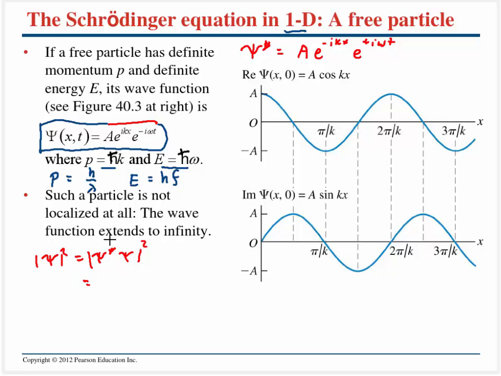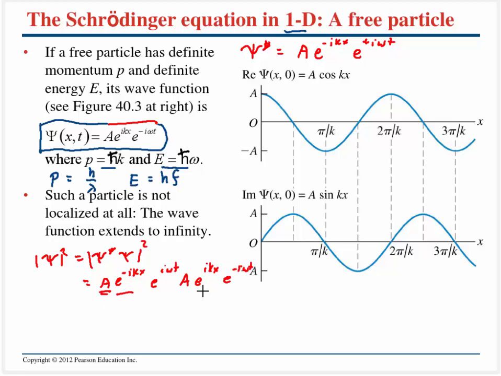And you can actually go ahead and convince yourself, when you multiply all these guys out, that we're going to have a times e to the negative i kx, and then e to the plus i omega t. Keep in mind I have implicitly assumed that a is real here, and we pretty much always will, multiplied by a e to the i kx, and then e to the minus i omega t.